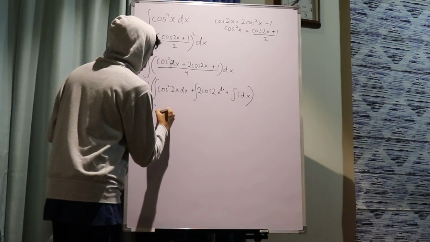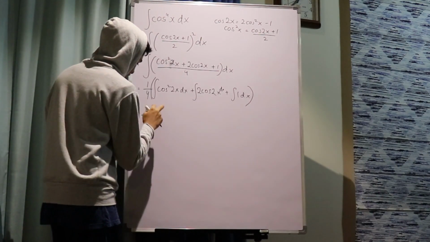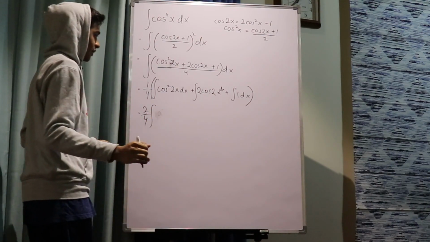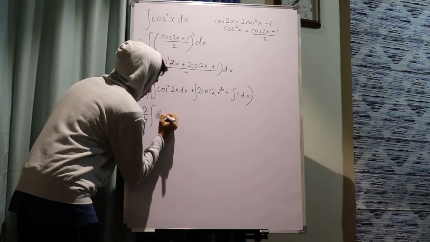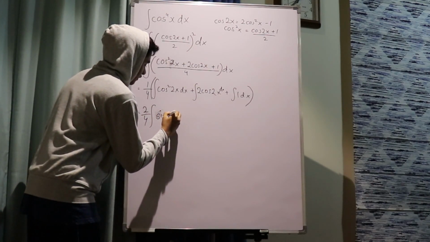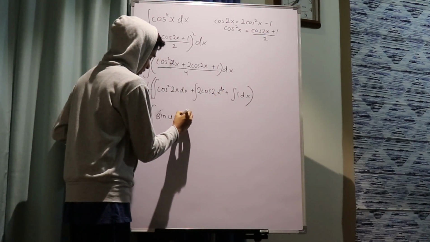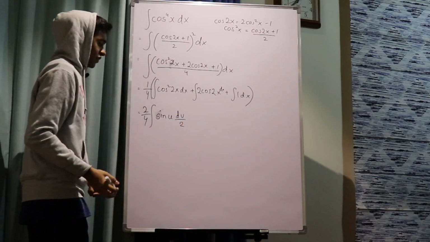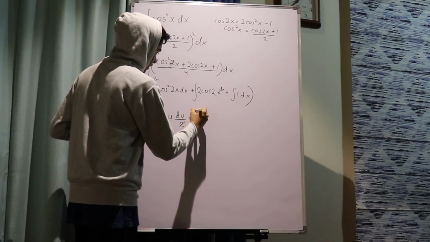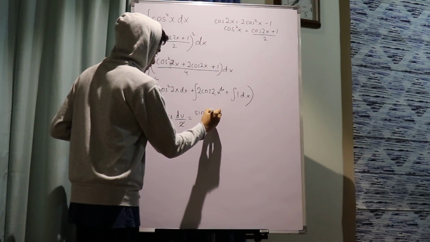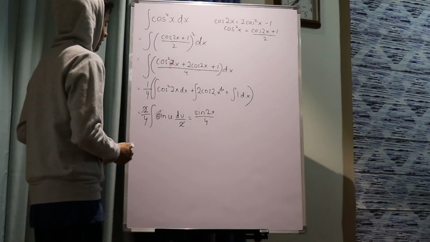We get 2, the 2 goes out, so we can bring that here, and then we have sine of u, and because it's 2x inside, we get du over 2. And then these cancel, so now you just have sine of 2x over 4. So that's your first integral.